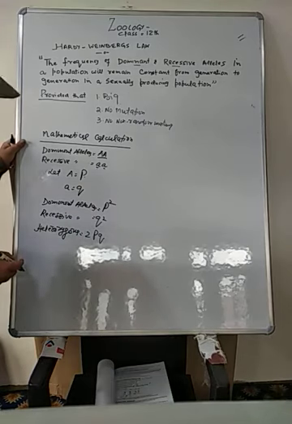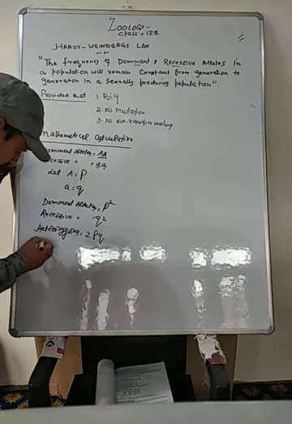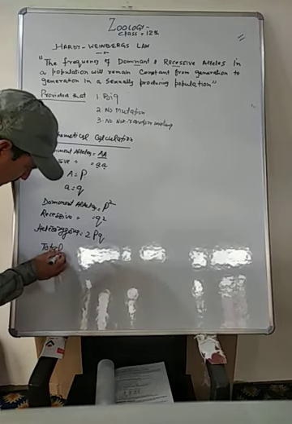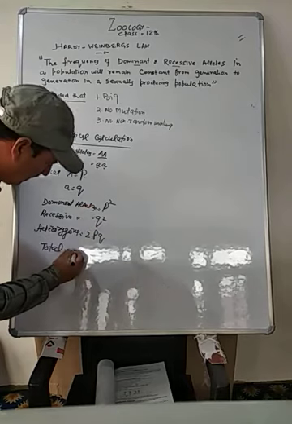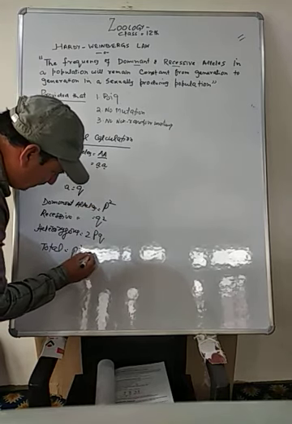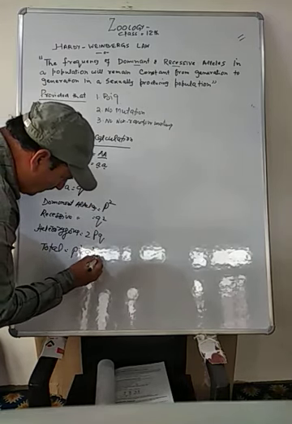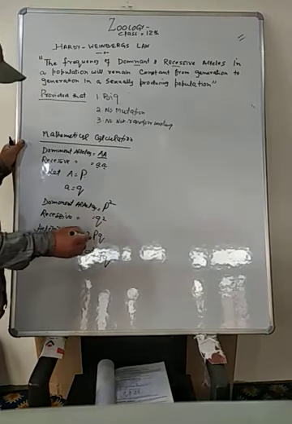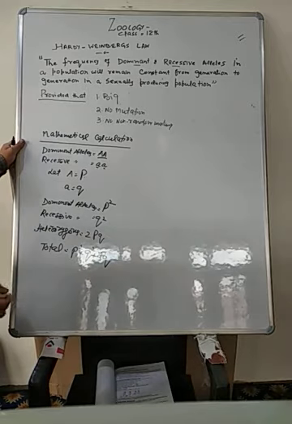Now, if we sum them up, the total will be equal to P square plus Q square plus 2PQ.